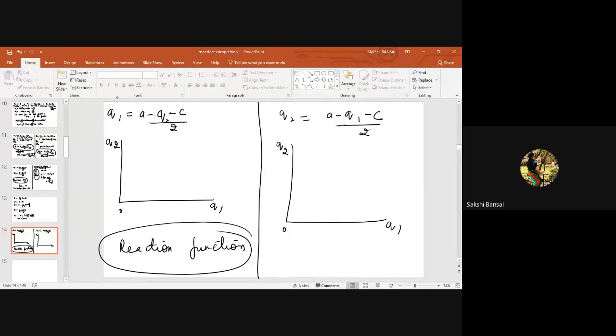When I put Q2 as 0, what horizontal intercept will come? And if you put Q1 as 0, the vertical axis intercept you can calculate, it's A minus. You can join both the points and you'll get a downward sloping reaction function or reaction curve.